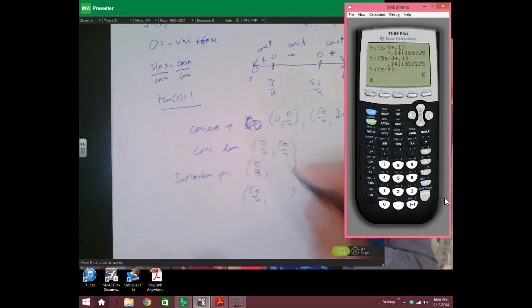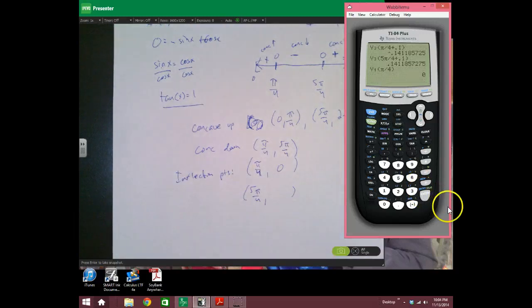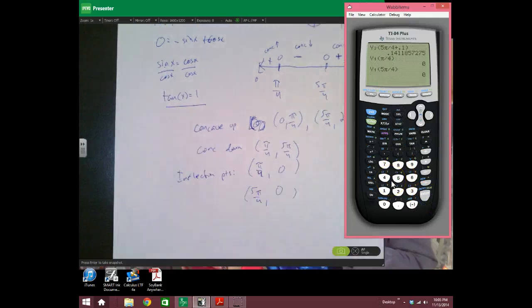Oh, it's 0. Great. And let's see what 5 pi over 4 is. Insert 5 pi over 4, also 0. Well, that was nice and easy. So nice easy inflection points there.